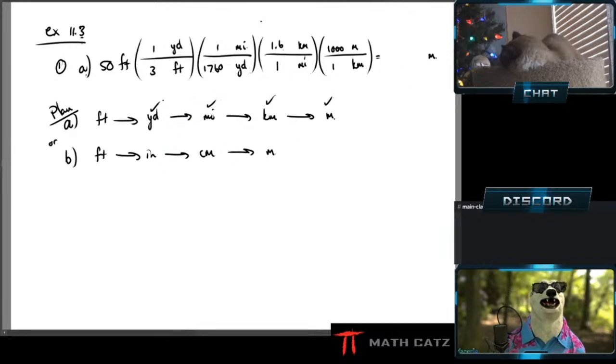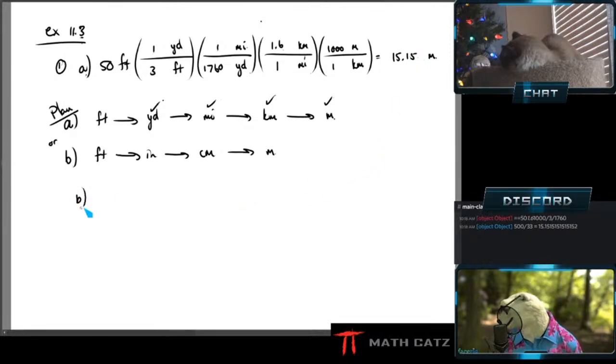So let's calculate that. 50 times 1.6 times 1,000 divided by 3 divided by 1760 equals. And we get 15.15-ish, right?